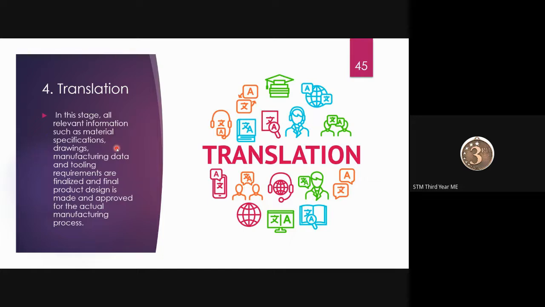These are all collected in the translation stage. And after that, it is finalized, and the final product design is approved for the actual manufacturing process. That comes under the translation stage.